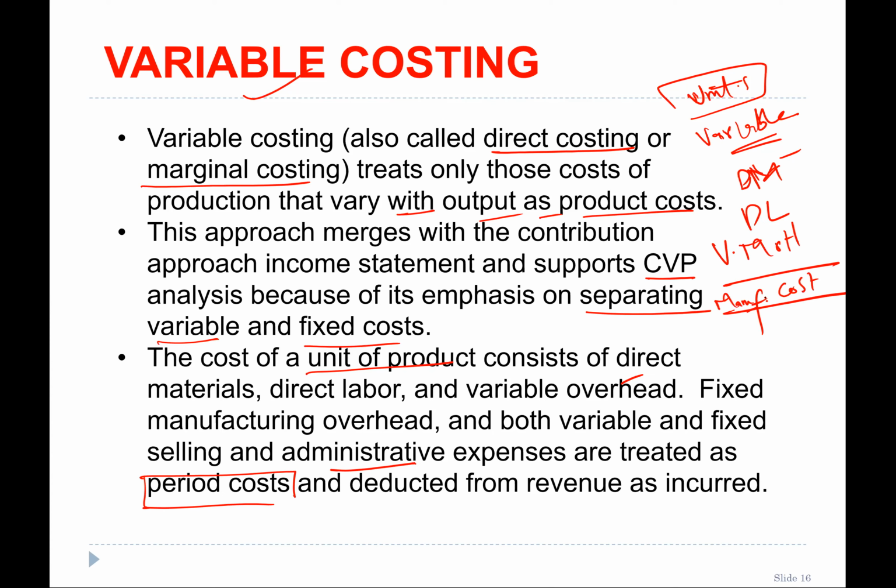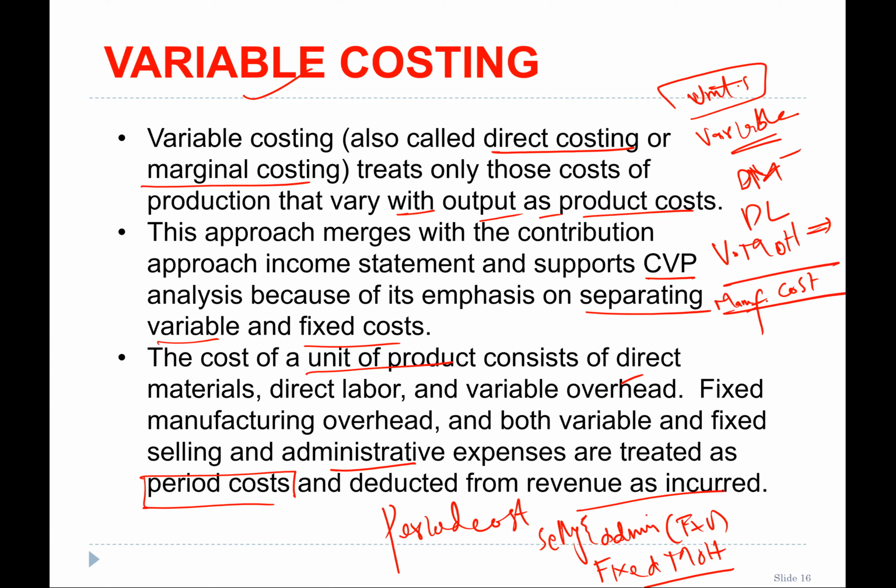Under variable costing, remember, in absorption costing, we included manufacturing overhead, both fixed and variable. But here in variable costing, we only include variable manufacturing overhead. So what would be the period cost? Both selling and admin, fixed plus variable, plus the figure left here with the fixed manufacturing overhead.